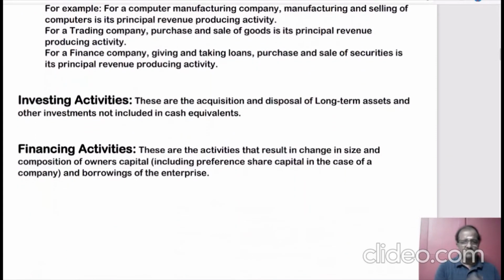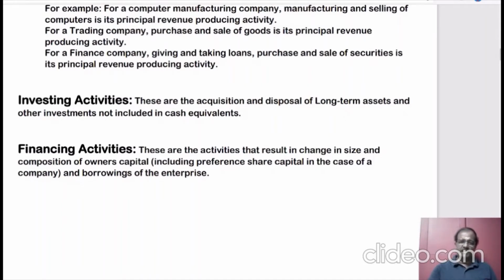Investing activity. These are the acquisition and disposal of long-term assets and other investments not included in cash equivalents. Any cash inflow and outflow resulting from the acquisition and disposal, that is, to buy and sell the assets, if there is a cash flow, that is taken as investing activity cash flow.